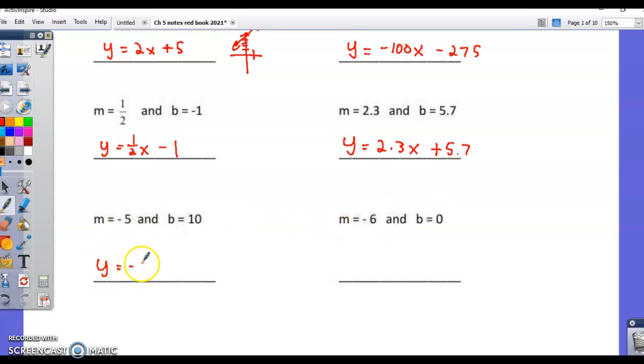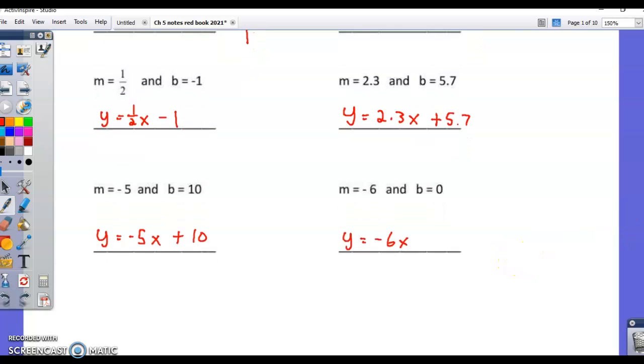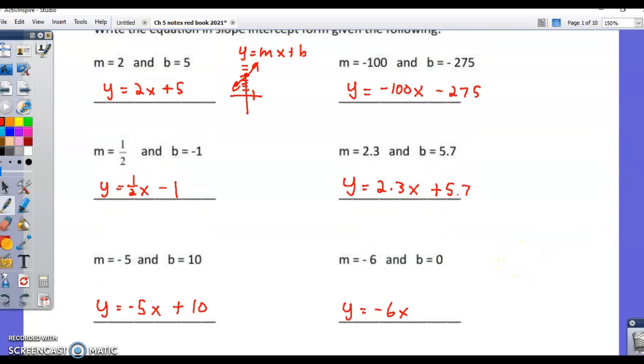Y equals negative 5x plus 10, and y equals negative 6x. And then you could just leave it as that. If you want to put plus 0, you can. It's not incorrect, but you'll see it represented as just this, where if you don't see the b, they'll assume that you know that the b is at 0. All right, so again, pretty straightforward.